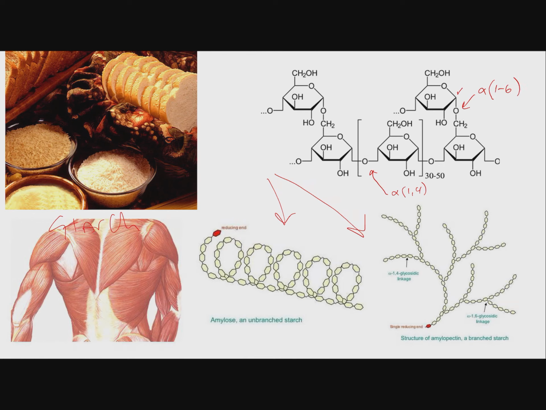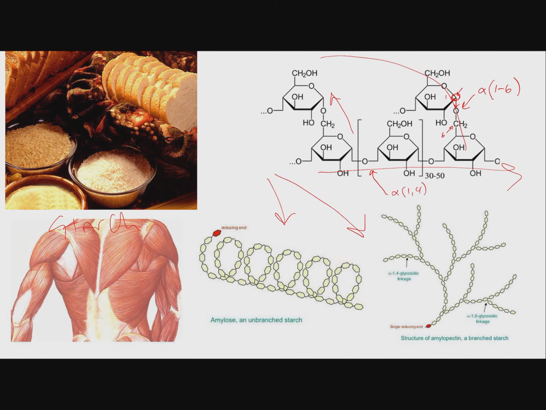It's alpha for the anomeric carbon, the OH being down, and number 1 carbon being the anomeric carbon, and then it's attaching to the number 6 carbon on the neighboring sugar. So this is where it branches off. We have two different types of branching: the straight chain glycosides, and then the branching glycosides. So again, usually a mixture of the two.